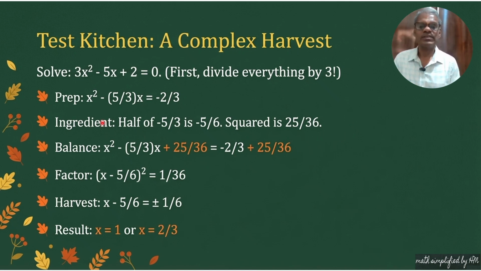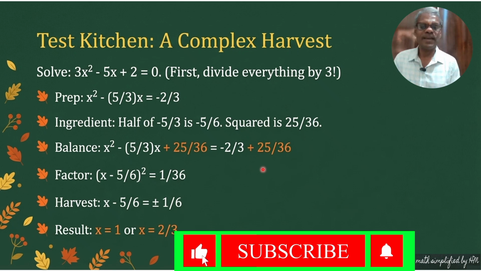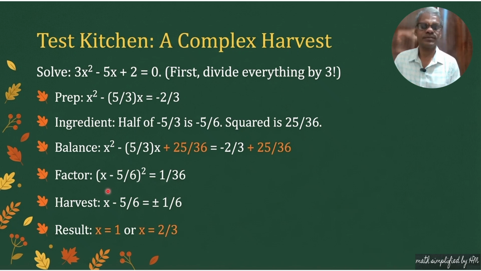We get x square minus 5 by 3 x plus 25 upon 36 is equal to minus 2 upon 3 plus 25 upon 36. Simplifying this, the left hand side is a perfect square of x minus 5 upon 6. So we get (x minus 5 upon 6) bracket square, and when we solve the right hand side we get 1 upon 36.